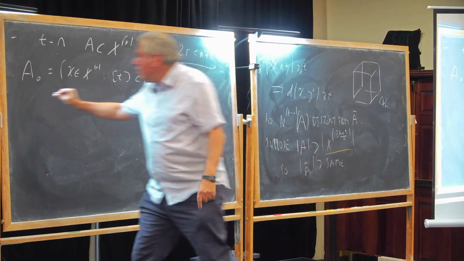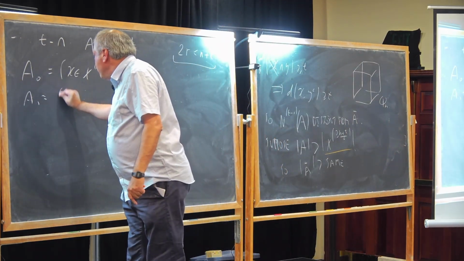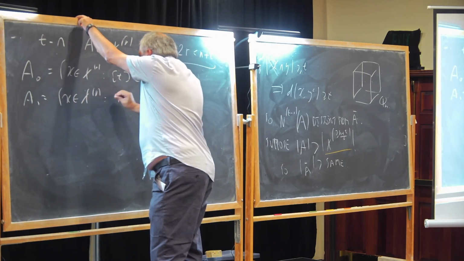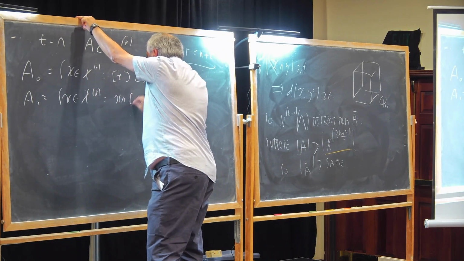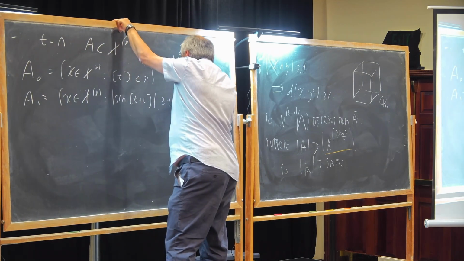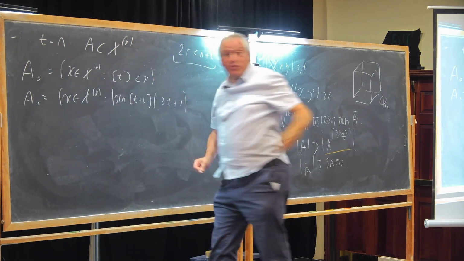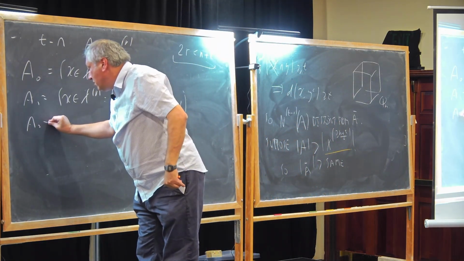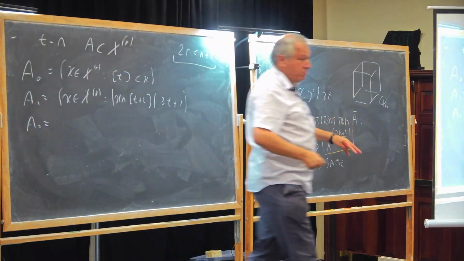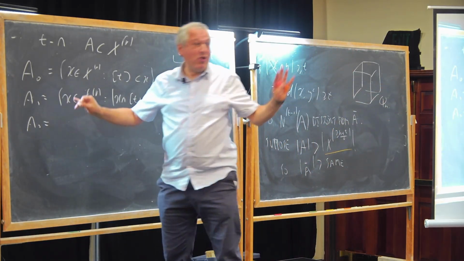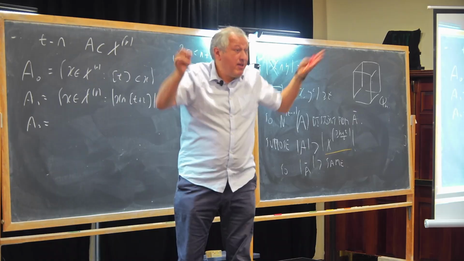So A1 would be the set of x in X choose r, such that x intersect square brackets t plus 2 is at least t plus 1. That's also t-intersecting. Or you could take the family A2, at least t plus 2 out of t plus 4, and so on. Those are all t-intersecting. And they're probably not going to win, given what we do with EKR. But we want to at least look at them.